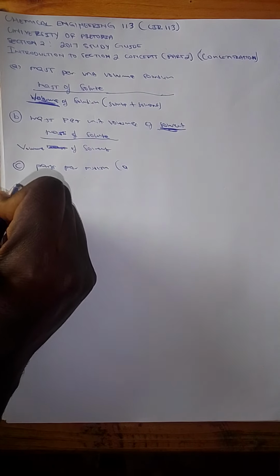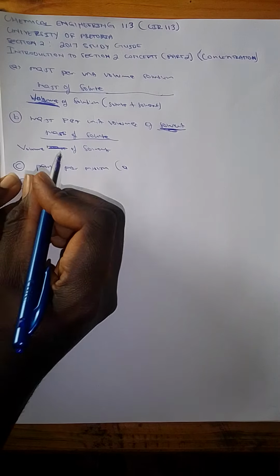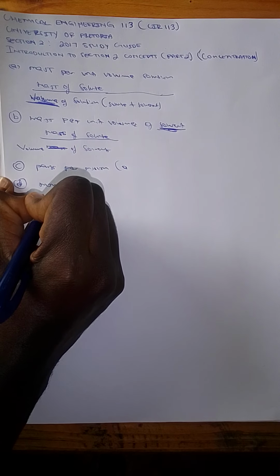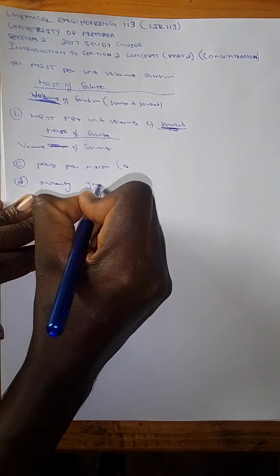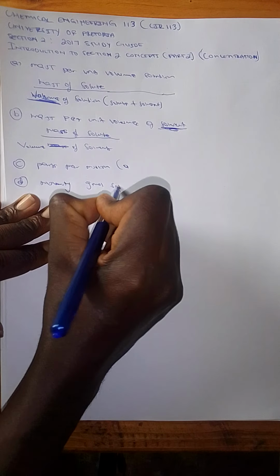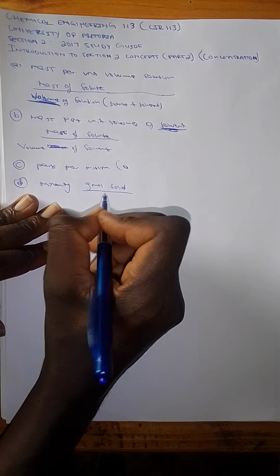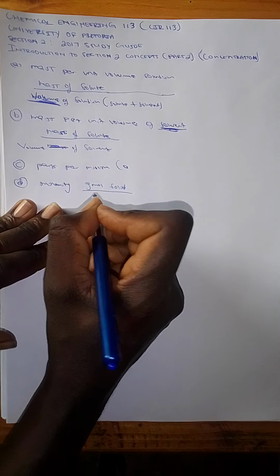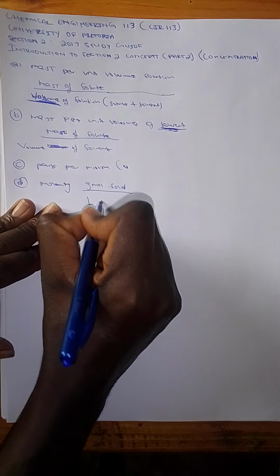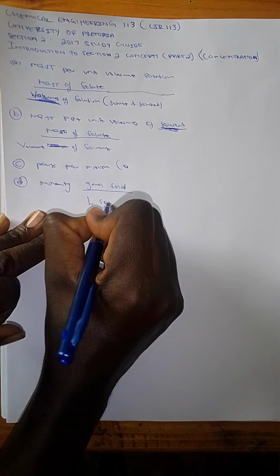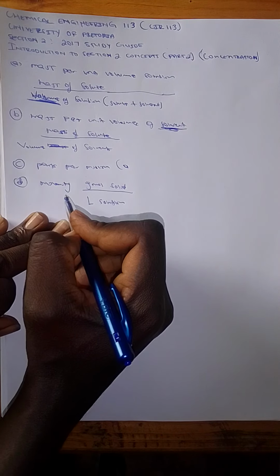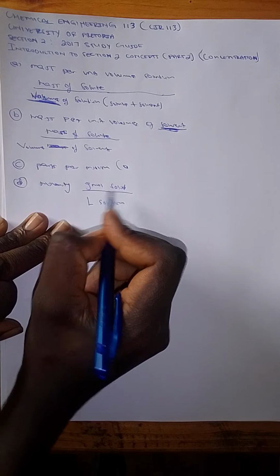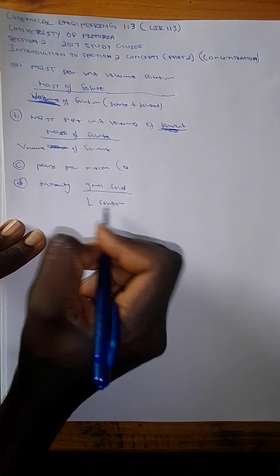So now the fourth one becomes molarity. Now molarity becomes gram mole solid all over liter of solution. Molarity is expressed as gram mole solid, or what has been dissolved, all over the liter of the solution.